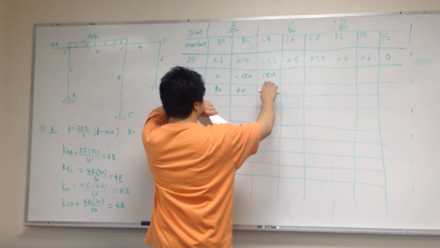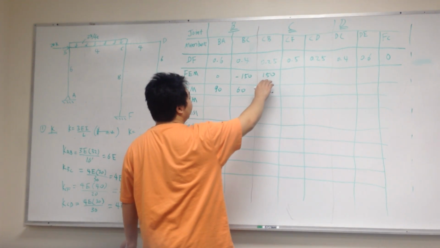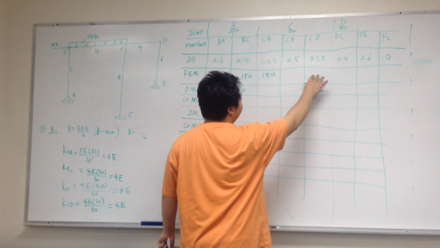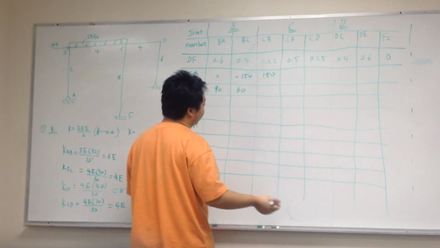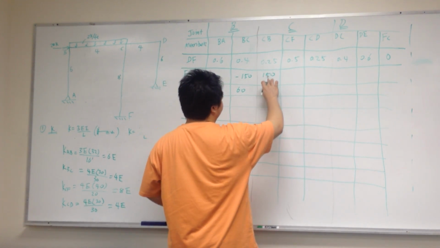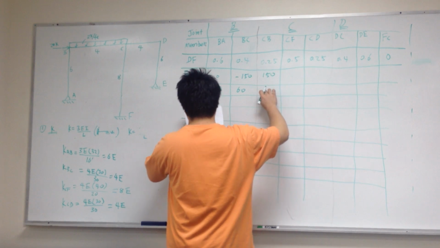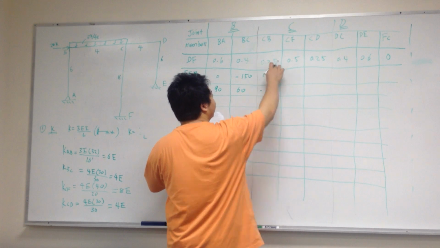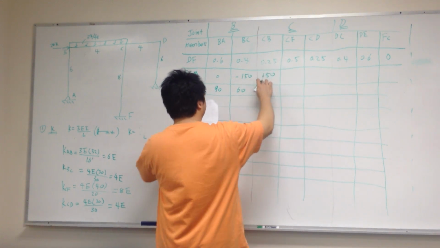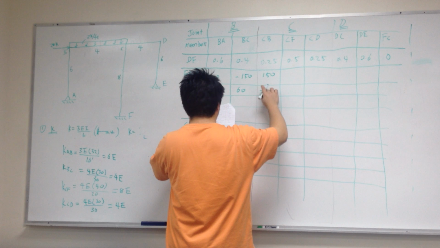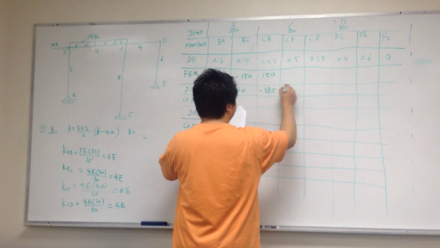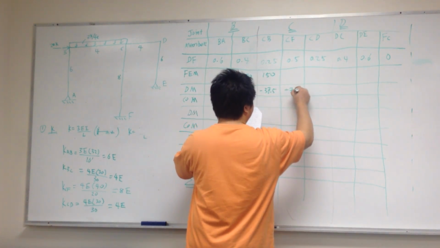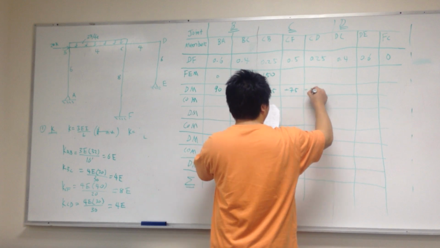Same thing here. You add up the fixed end moment for these, but since they are 0, it's just 150. This times this becomes negative, so you have negative 37.5, negative 75, negative 37.5.